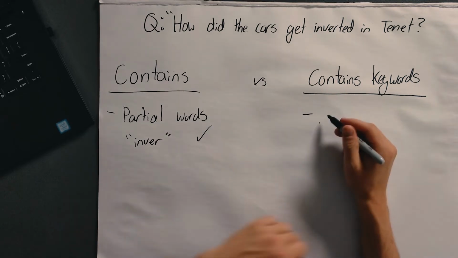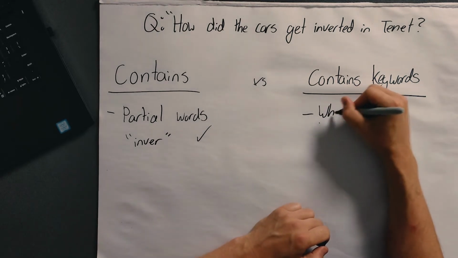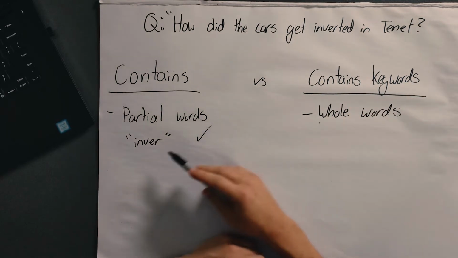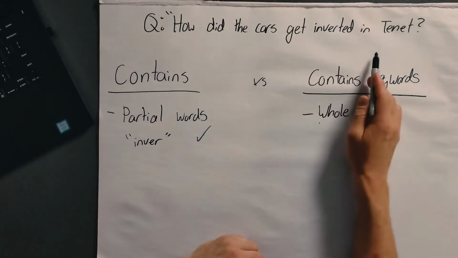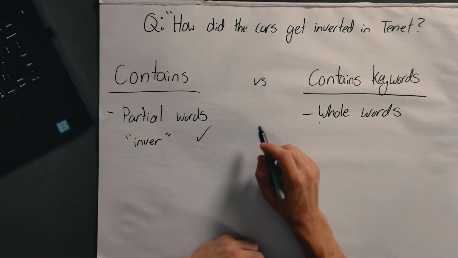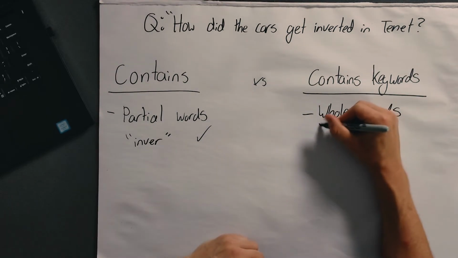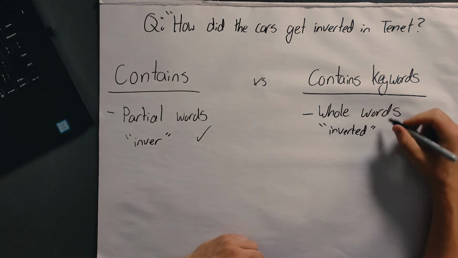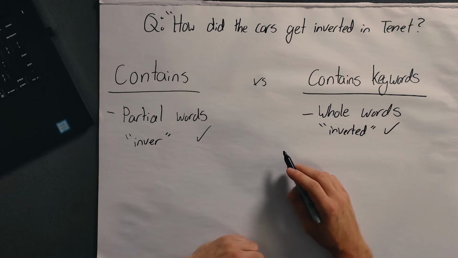However, the contains keywords only returns whole words. So this question would not be returned if we were looking at the contains keywords. We would actually have to type the entire word and then we would get a result.